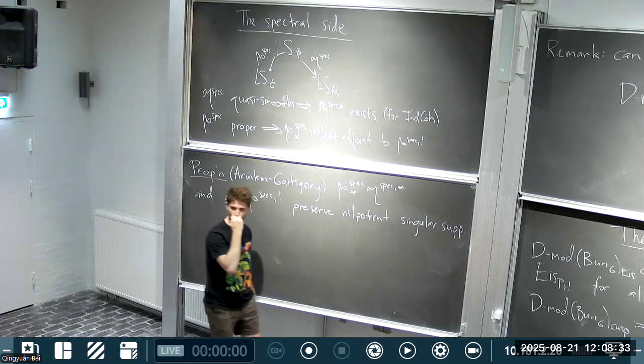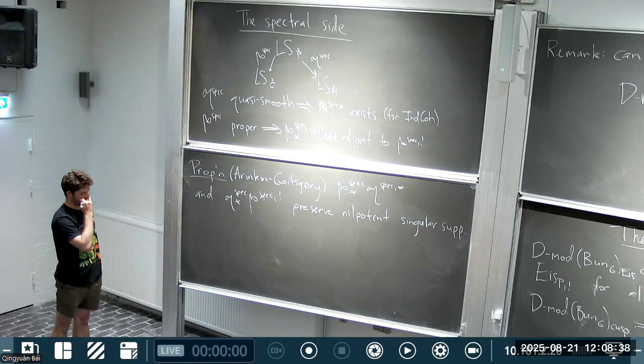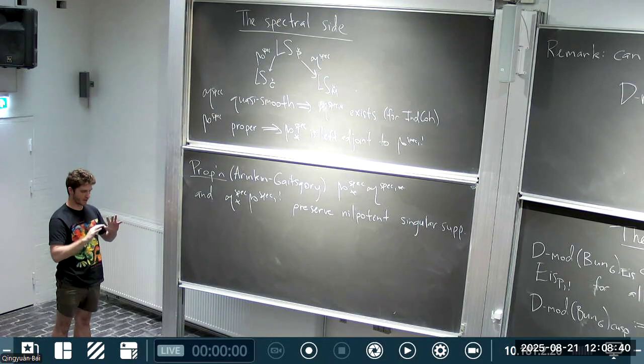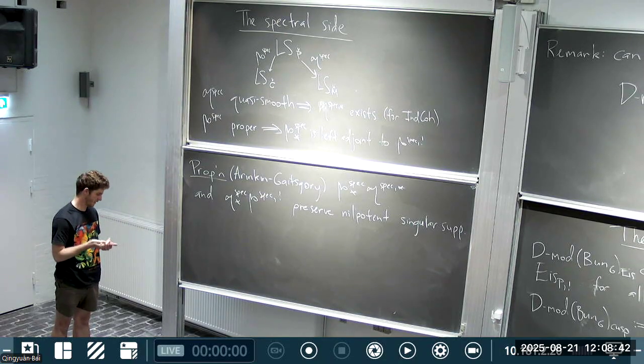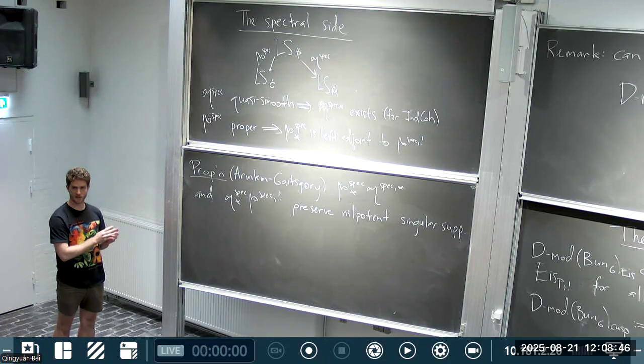Okay. And this is not too terribly hard, but I encourage you to look at the paper. There they prove various sorts of functoriality properties for singular support. And for the most part, this is a formal consequence of such things.